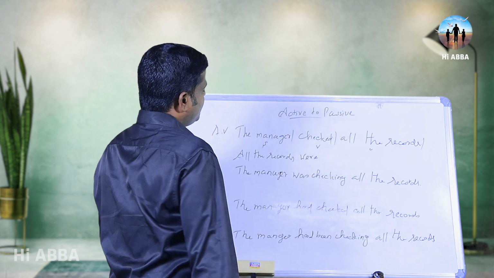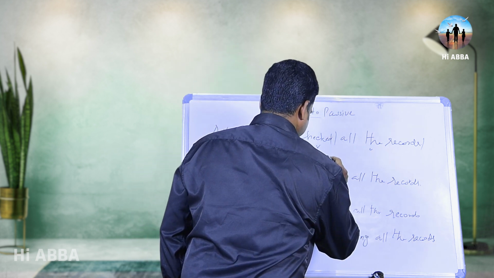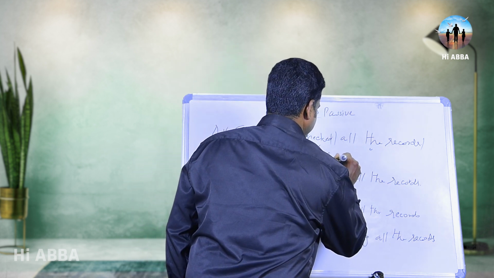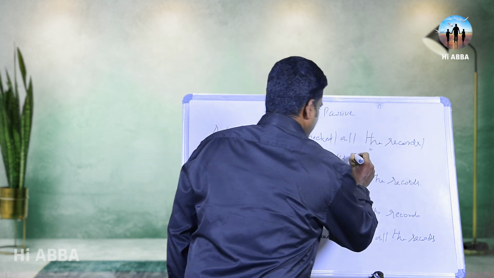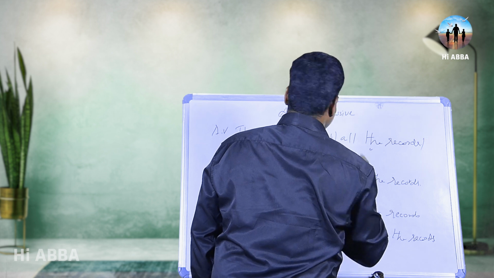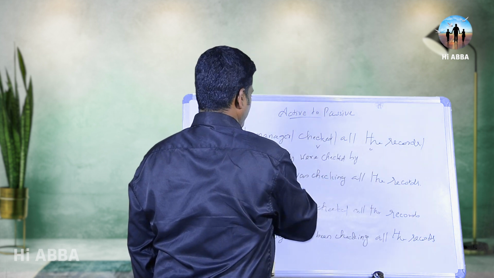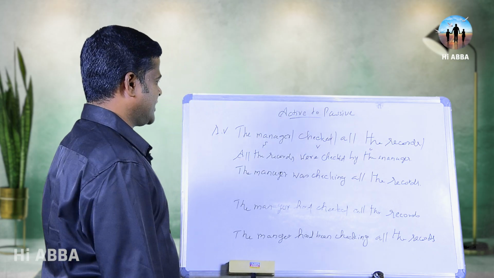Then we will write the V3, checked itself is the V3 of check, so therefore we will write the same thing. Then proceeded by the object, that is the subject of the active voice, the manager. Now that is pretty simple, my dear students.